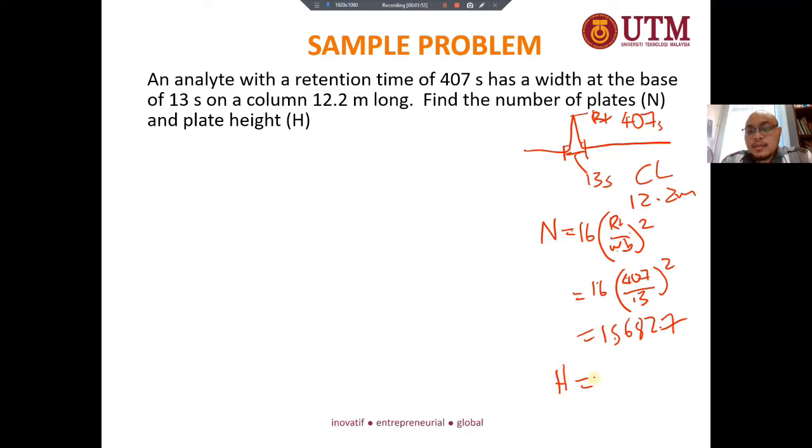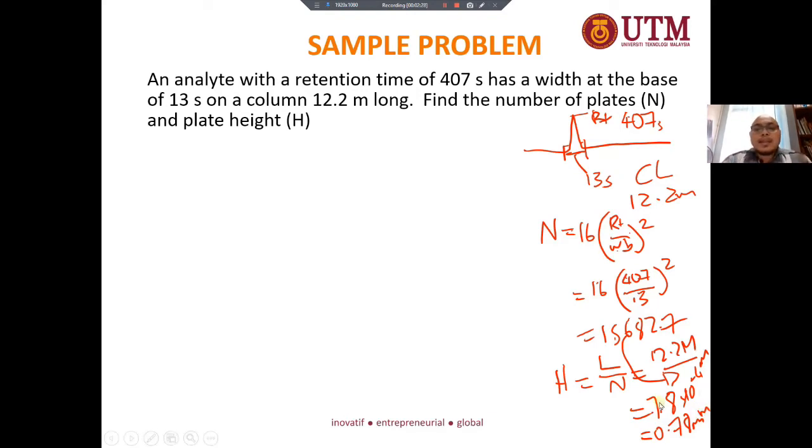The height between plates, or plate height, is L over N, equal to 12.2 meters over this value. So you will get 7.8 times 10 to the power of minus 4 meters, or you can convert it into millimeters, 0.78 millimeters.